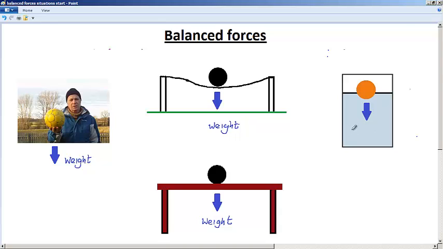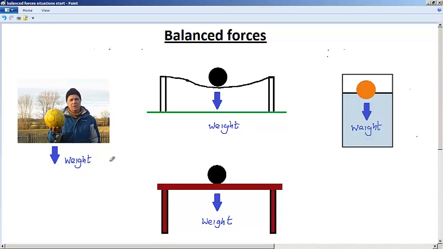We also have the weight here acting down on this ping pong ball, which is floating on top of a jar of water. Okay, so in order for these objects to be motionless, there must be some other force acting in the opposite direction to balance the weight.